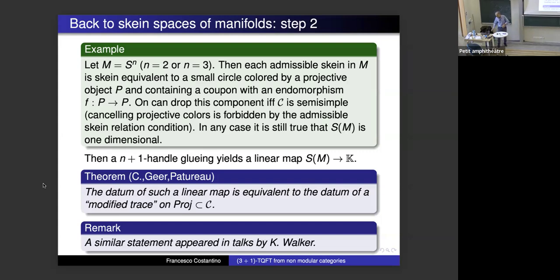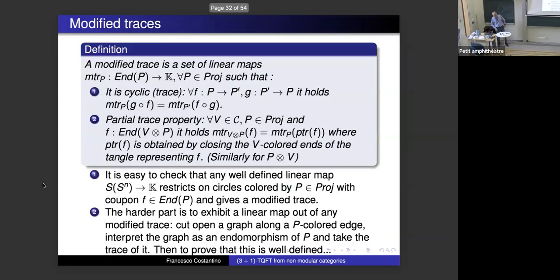So let me give you the definition of modified trace and then discuss why this theorem holds. A modified trace is a way of assigning scalars to every endomorphism of every projective object.